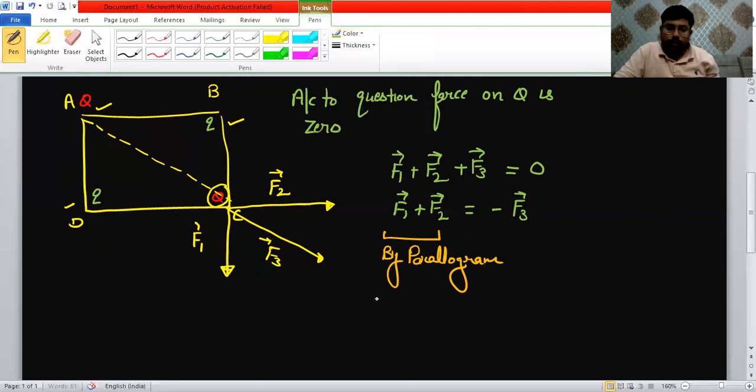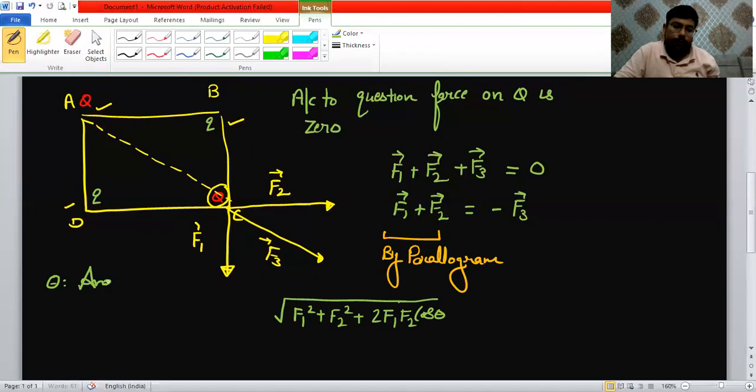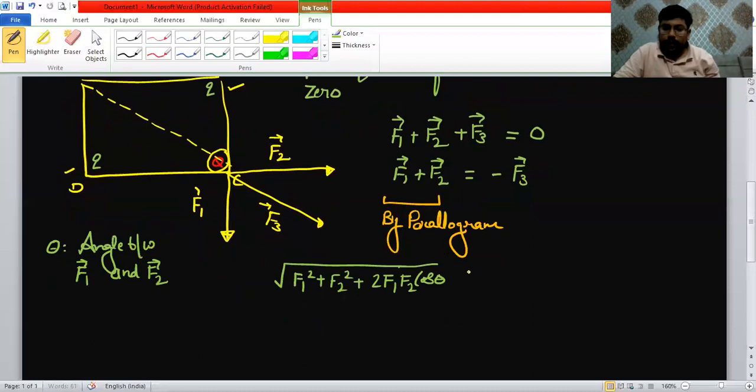This resultant is given as under root F1 square plus F2 square plus 2 F1 F2 cos theta, where theta indicates the angle between F1 vector and F2 vector. So I write it equals minus F3.